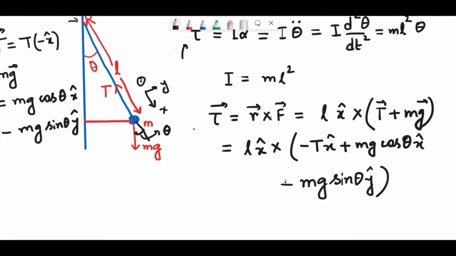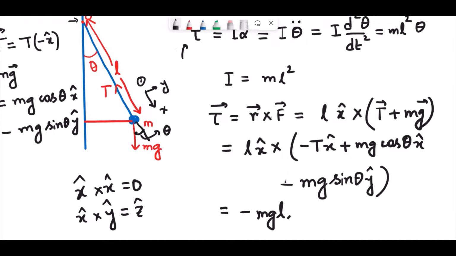So clearly, x hat cross x hat is equal to 0, and x hat cross y hat gives us z hat. So in this case, we are going to have negative mgl sine theta z hat.